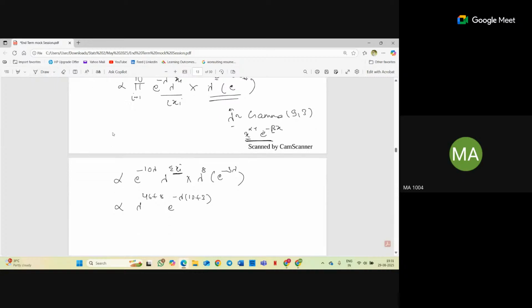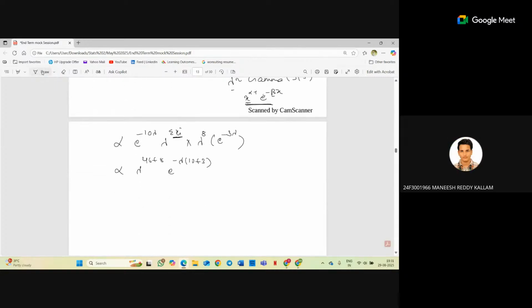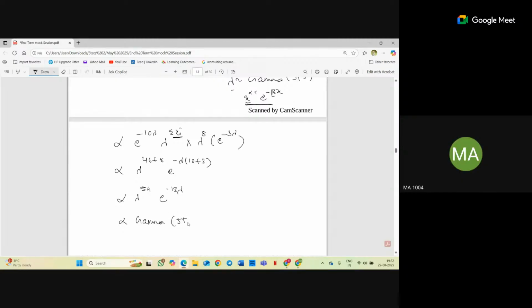So this will be lambda raised to the power 54, e raised to the power minus 13 lambda. Now this will be following what distribution? Gamma 55 and 13. Now what is the posterior mean? It would be 55 by 13, which is equal to 4.23.